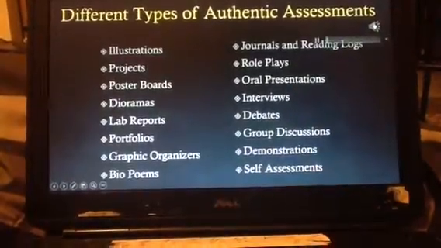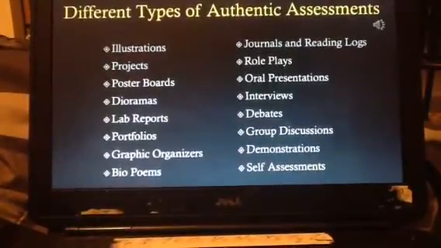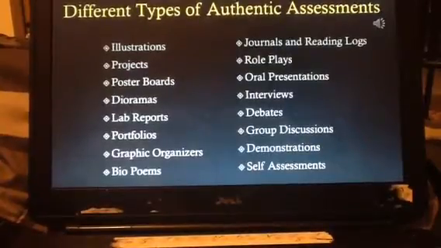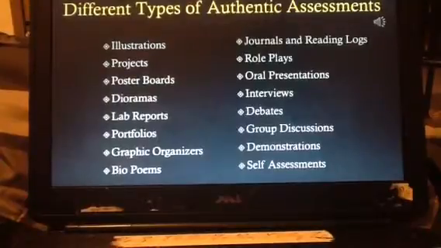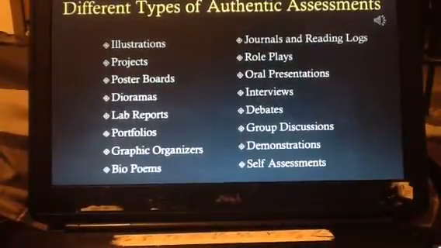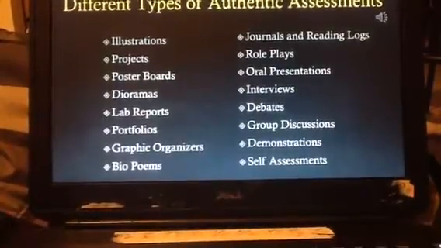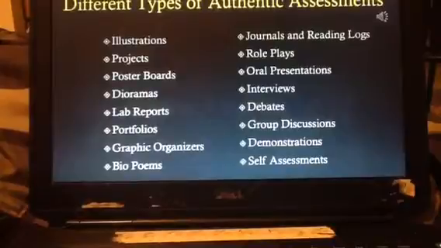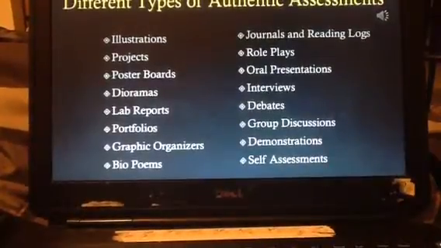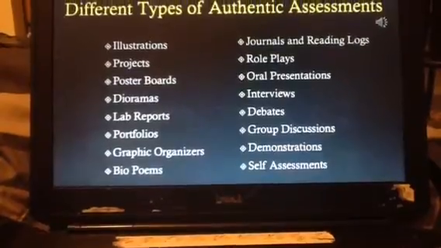Authentic assessments are assessments that are different than your traditional paper-pen test. So teachers have now been leaning towards more authentic assessments lately. A few of them are listed here. You can maybe have the students do illustrations, projects, poster boards, dioramas, lab reports, portfolios, graphic organizers, bio poems, journals, reading logs, role plays, oral presentations, interviews, debates, group discussions, demonstrations, and self-assessments.